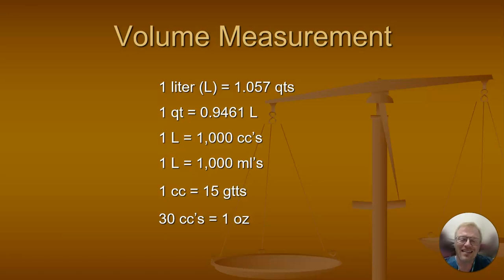And there are 30 cc's in a fluid ounce. So you need to be able to convert between the empirical and the metric systems.